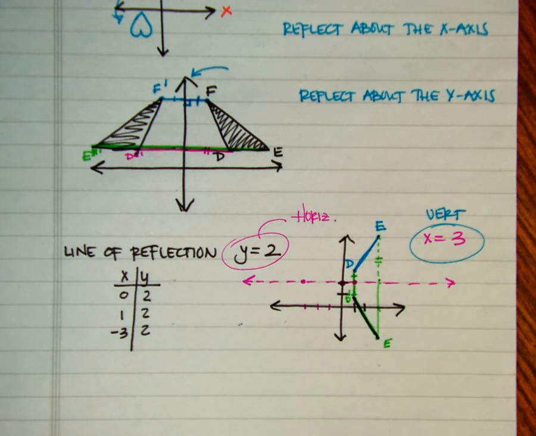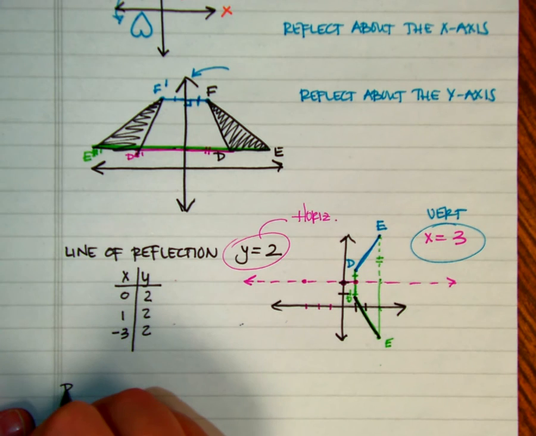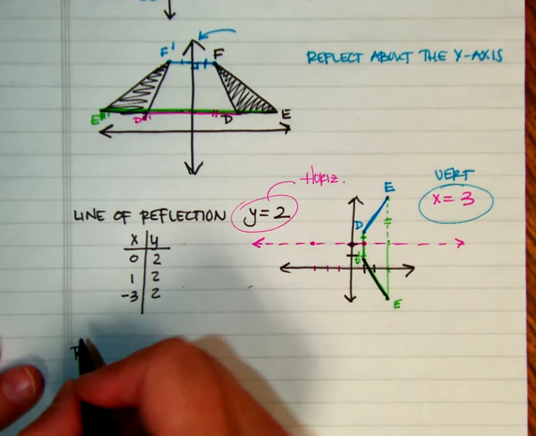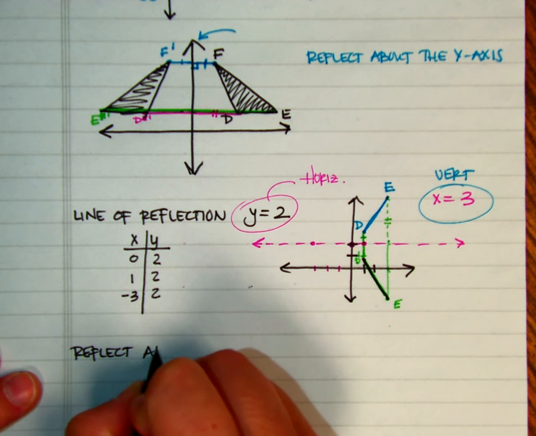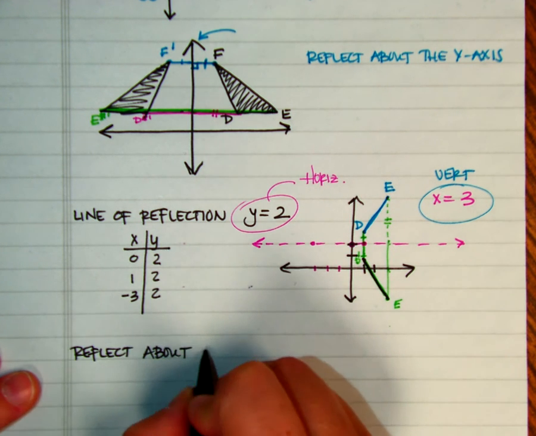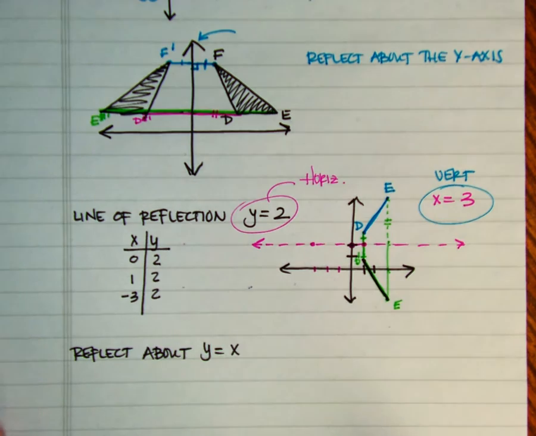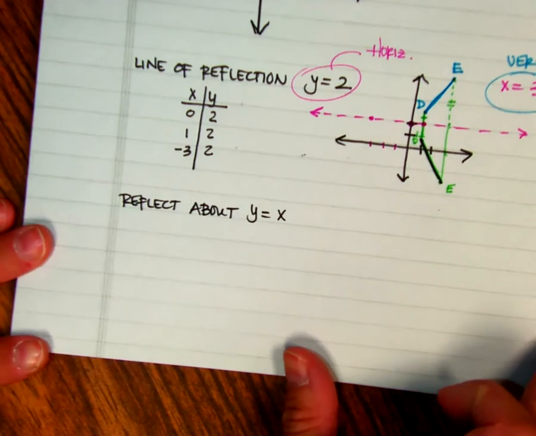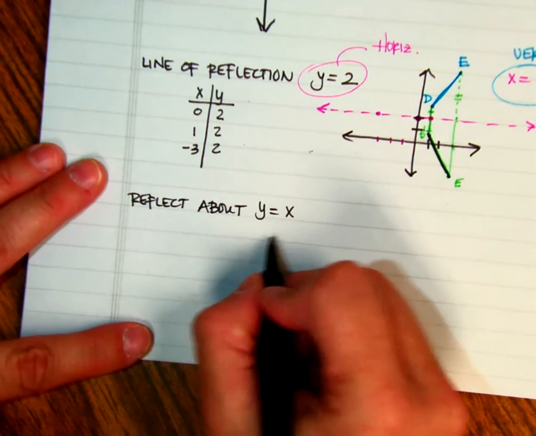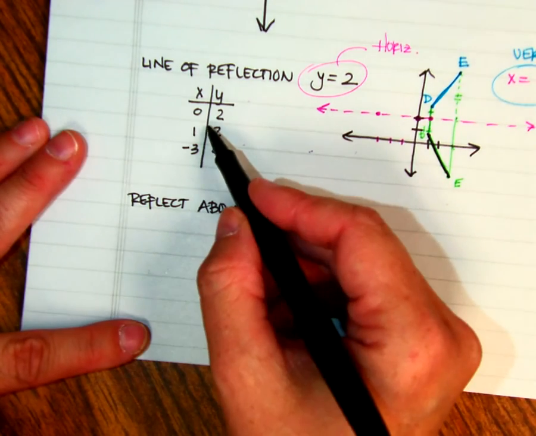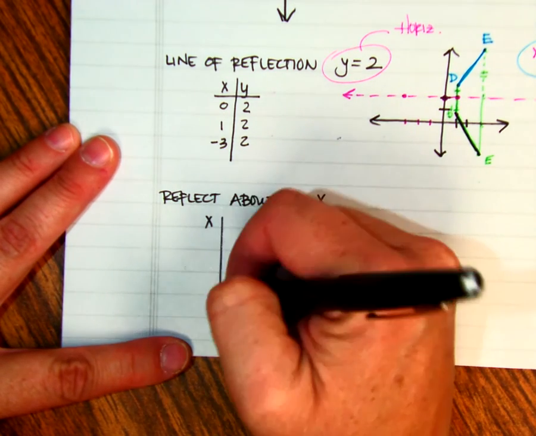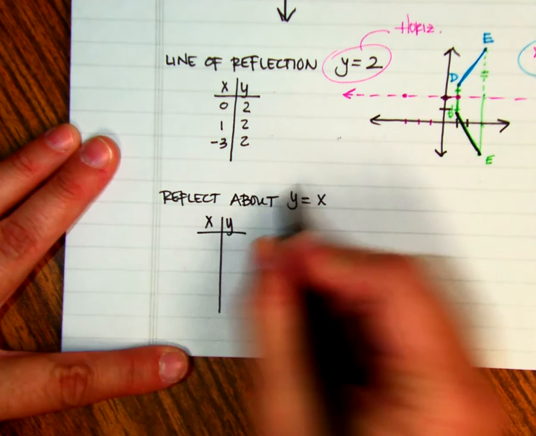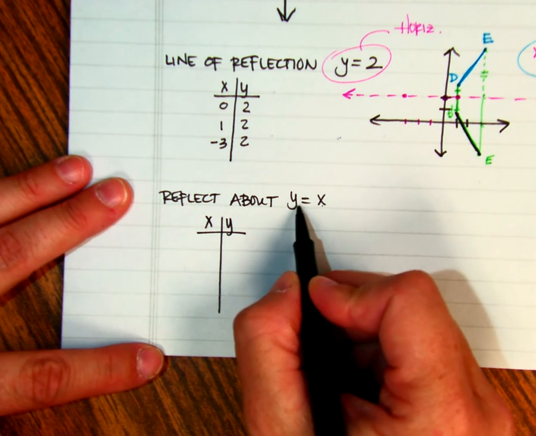What happens if you are to reflect about y equals x? What is that going to look like? I would have them do the exact same thing here. Create the x and y table. Whatever x is, that is y as well.